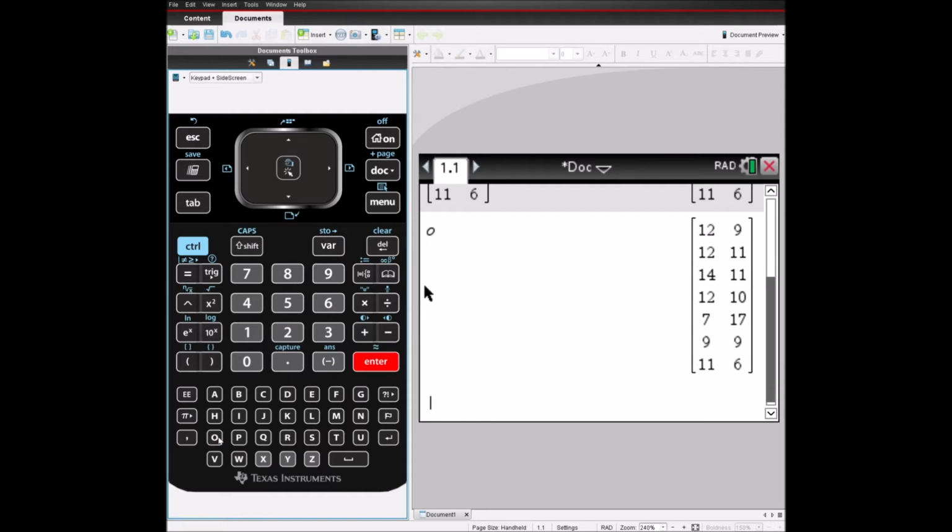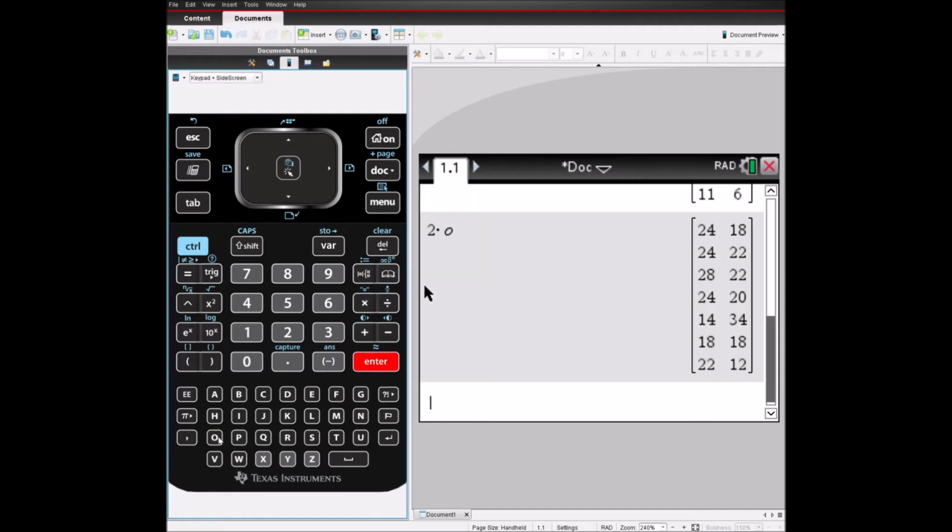If you were in an Algebra 2 class or a pre-calculus class, one of the reasons why your teacher might have banned these calculators is that you can do a bunch of quick and easy matrix operations with this. Let's say I want to multiply that matrix O by 2, so 2 times O. And there it doubles all the entries for me.